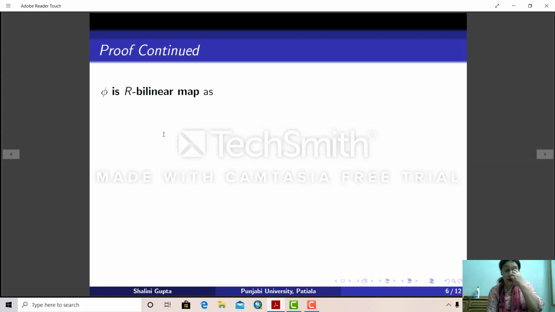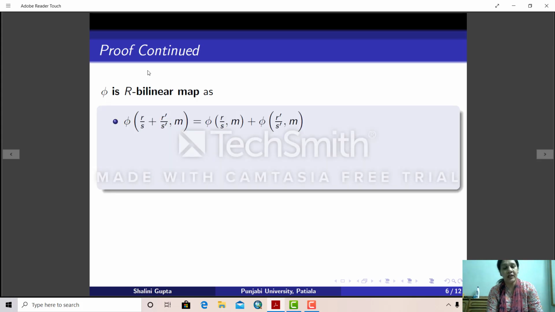Now we will first show that phi is R-bilinear. That means phi is linear in each variable. So for this we need to check that phi(r/s + r'/s', m) is equal to phi(r/s, m) + phi(r'/s', m), which is very easy to see.